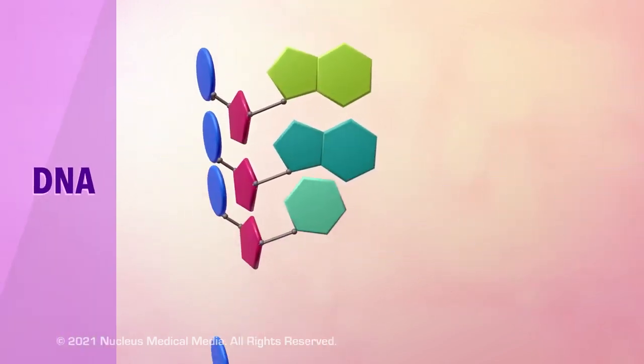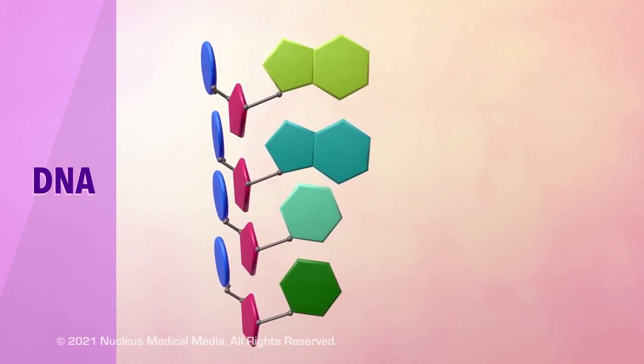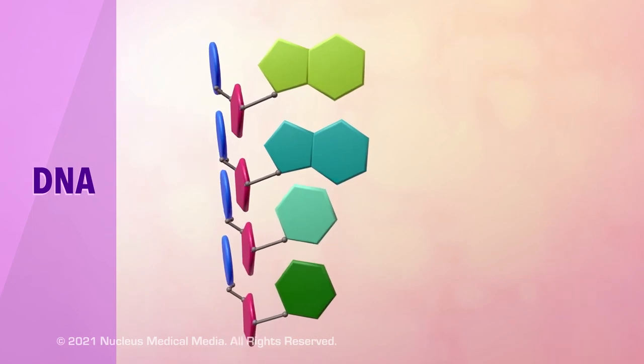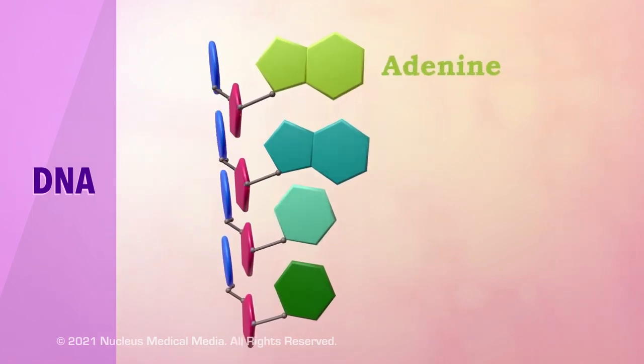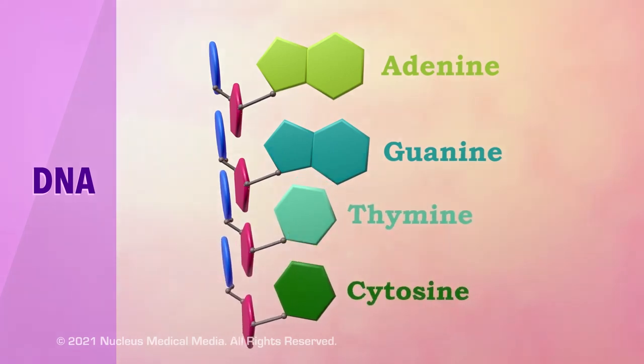Let's focus on the nitrogenous bases in DNA for a moment. Each DNA nucleotide contains only one of 4 possible nitrogenous bases: adenine, guanine, thymine, and cytosine.